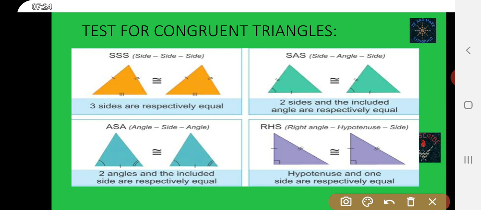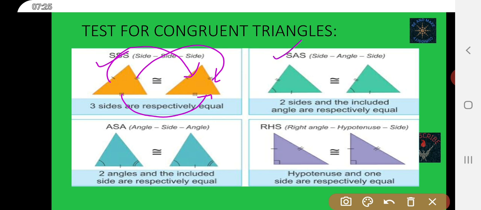If the corresponding sides are equal, then we can say two triangles are congruent. Here this side corresponds to this, they are equal. This side corresponds to this, they are equal. This side corresponds to this, they are equal. So the corresponding sides of two triangles are equal, so we can say they are congruent.